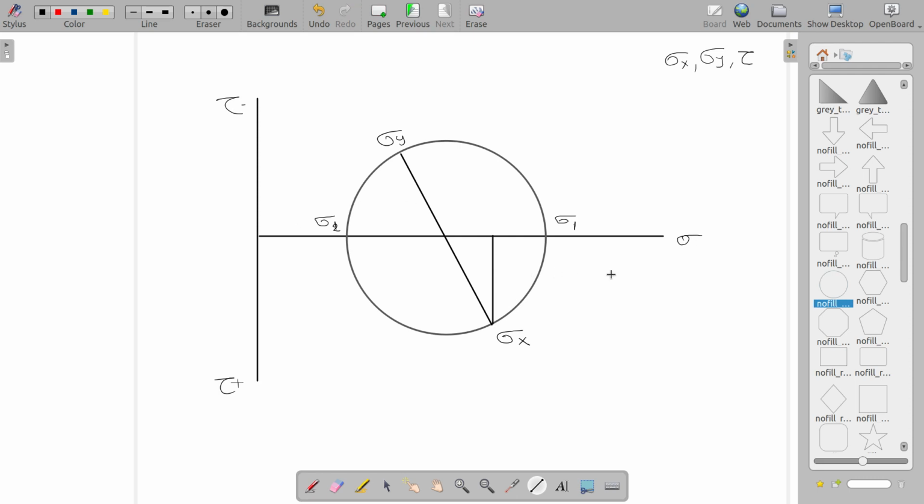Now let's take the example of sigma 1. Sigma 1 will be equal to this length from here to the center of the circle plus radius. That will be the value of sigma 1. Distance from here to the center of circle minus radius will be the value of sigma 2.